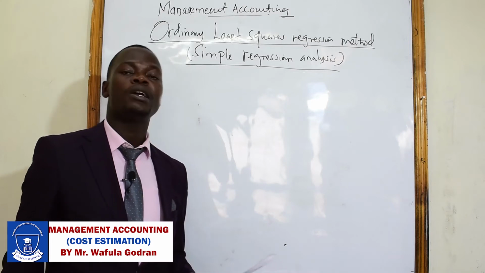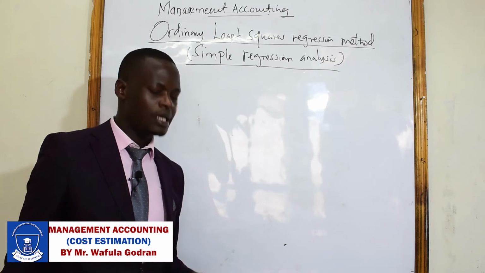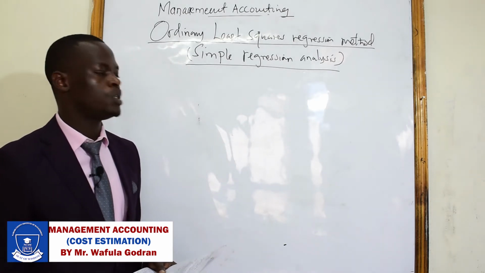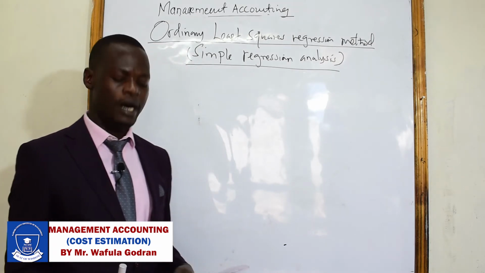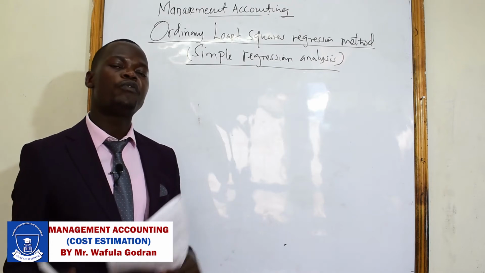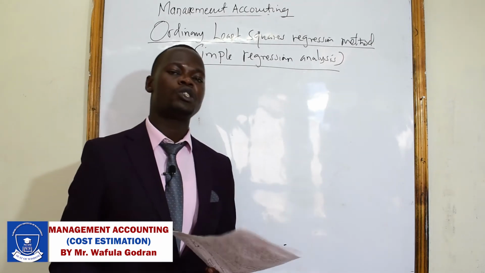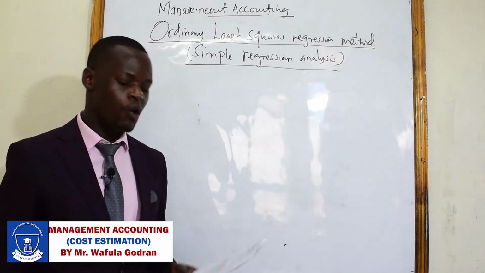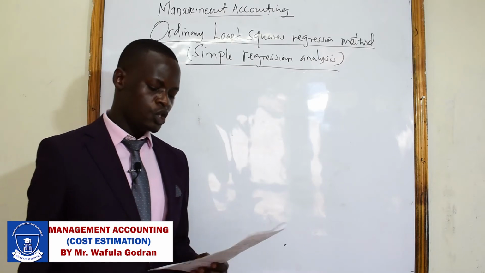Once we establish that there is a correlation between the items presented in this statistical data, we fix our interpretation around the cost function in the form of y is equal to a plus bx.